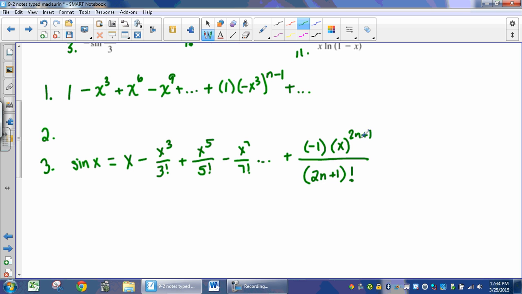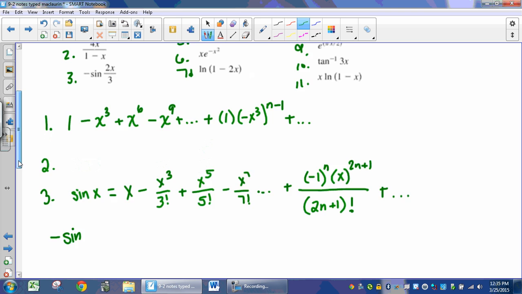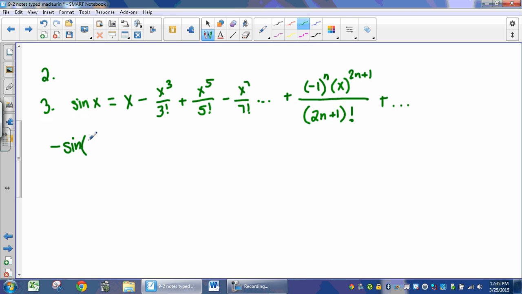And when n equals 0, I need it to be positive, so that's going to be an n. So there's the sine series. Well, I didn't want that. I want negative sine of what now? 2x over 3. Piece of cake. All you do is negate everything and replace x with 2x over 3.